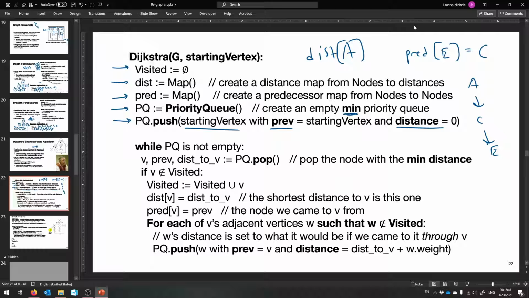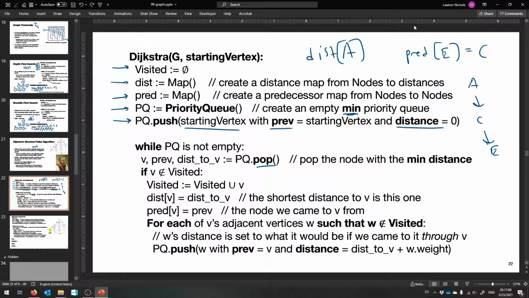And then, essentially, we do all the same stuff. While the priority queue is not empty, we're going to pop off the thing with the minimum distance and get all of the information out of it. That's what our priority queue gives to us. Because we're putting a bunch of things together in a struct onto the priority queue, we pop them all off: the node, where it came from, and also the distance that we think it has.